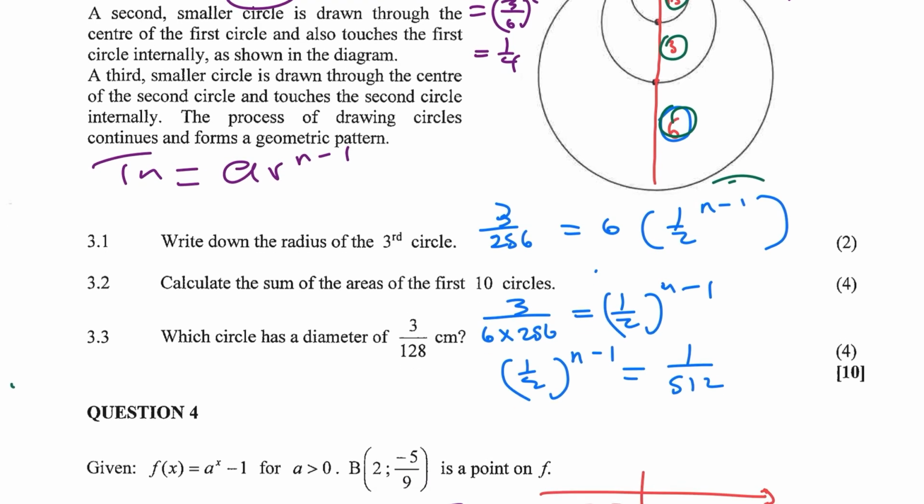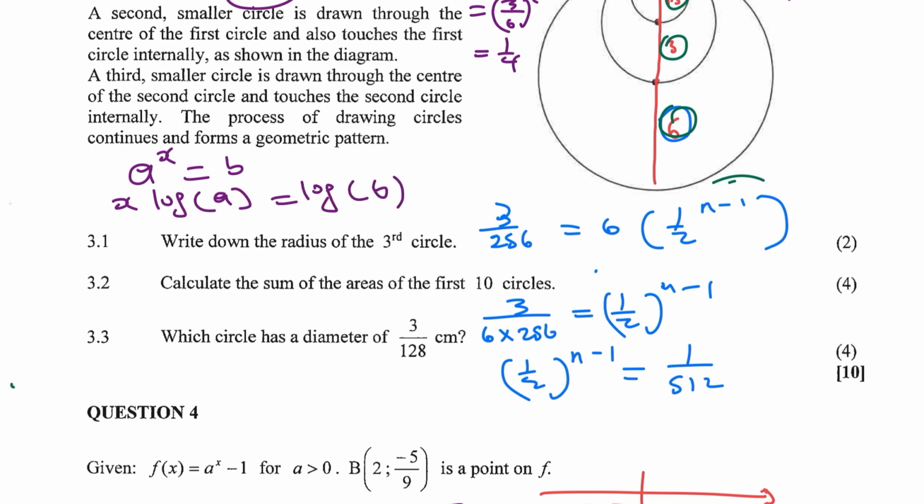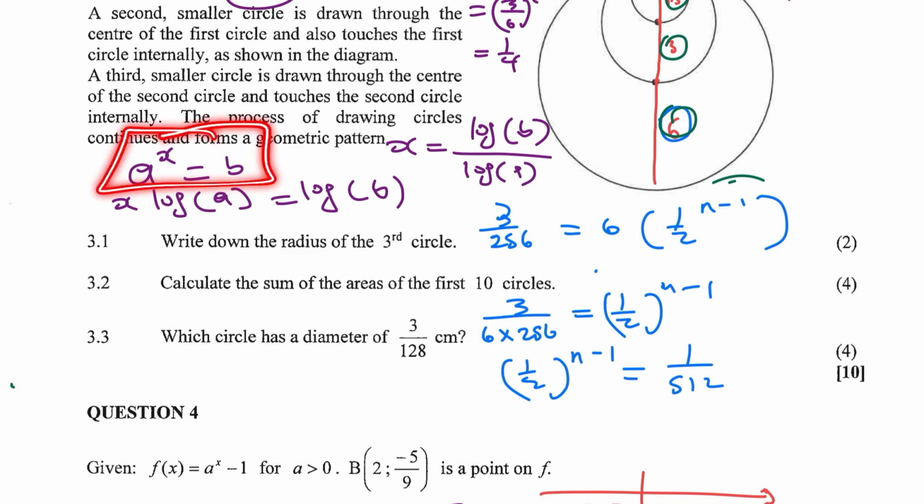So logs says that if you have a power x is equal to b, to solve for x, x log of a is equal to log of b. Therefore, x is equal to log of b over log of a. This is how you solve for x if you have a situation like this.